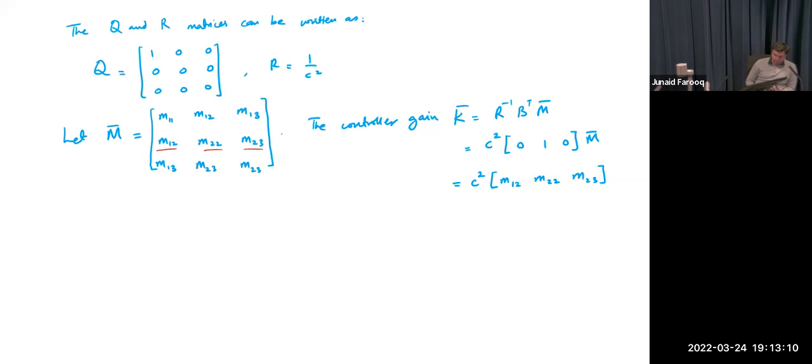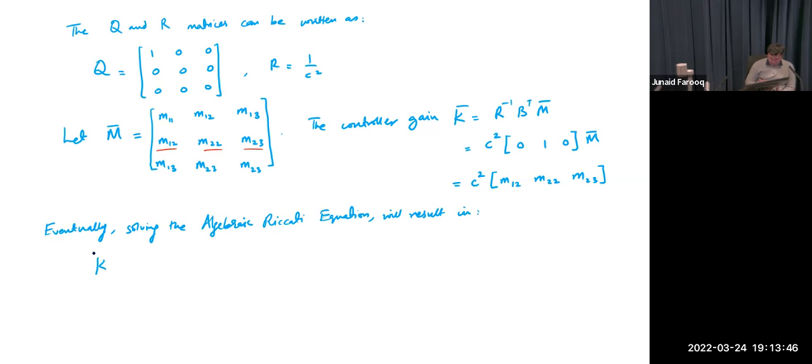Okay, so if you go ahead and solve the Riccati equation, obviously it's a long process. I'm not going to do it because of its 3x3 nature. If you solve it, the result will be the following. So that results in K bar to be C, square root of 2C, and 1.